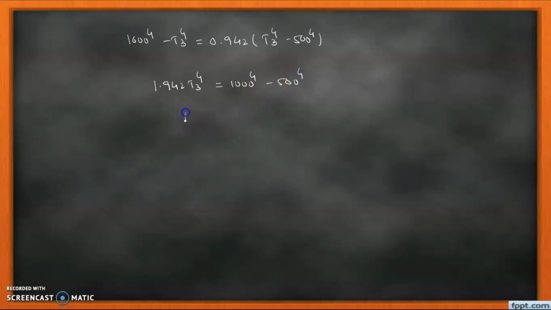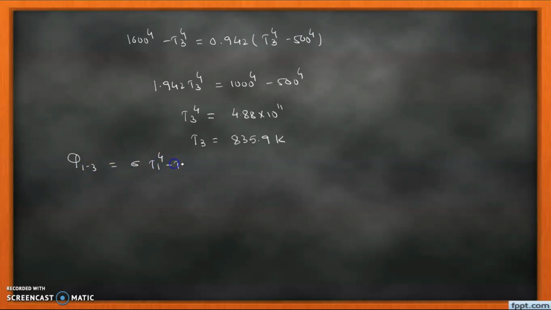And by simplifications we get T3 to the power 4 equals 4.88 into 10 to the power 11. And by taking the fourth root of this value we get the value of T3, that is 835.9 Kelvin.